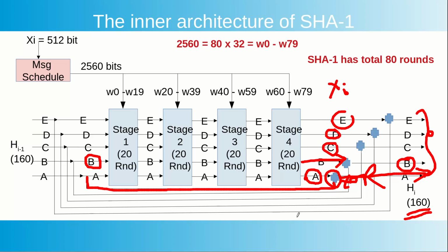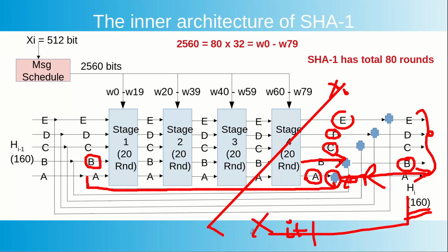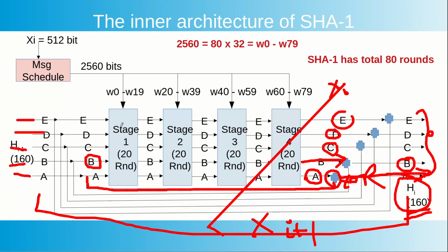Now, recall, if I need to compute Xi plus 1, what am I going to do in that case? I am going to pass this entire thing and I will again break this Hi into 5 different parts: E, D, C, B, A, and I will take this Xi as Xi plus 1, and in that case the hash of Xi plus 1 will be computed.